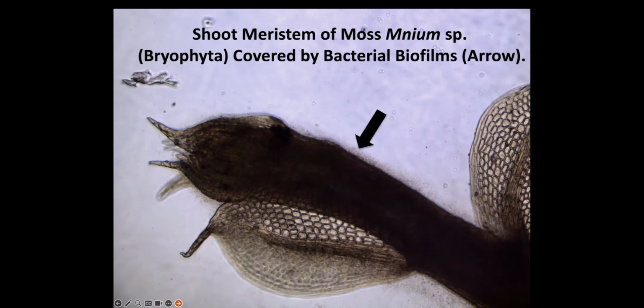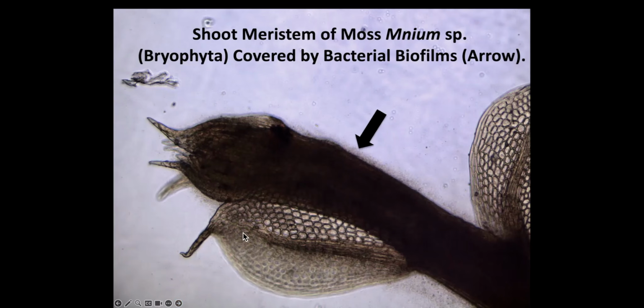And if you look at the very earliest plants that were on the earth, like the mosses, the simplest of the plants, right? You look at those mosses and the liverworts, and you see that they also are covered and filled with bacteria.